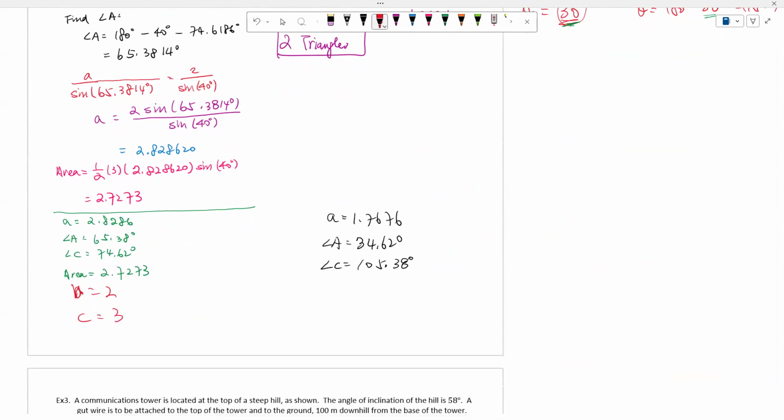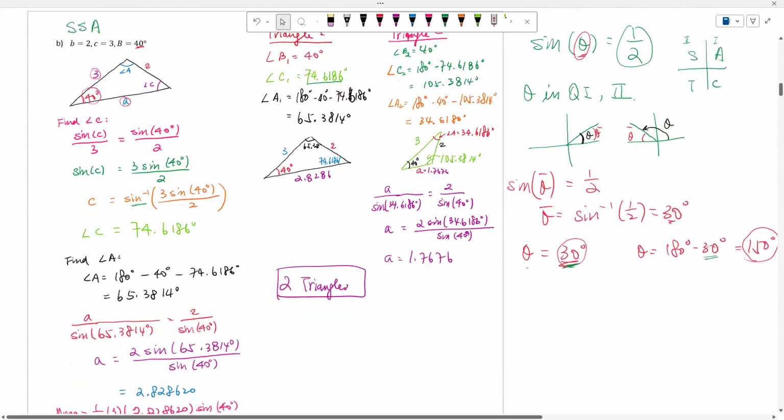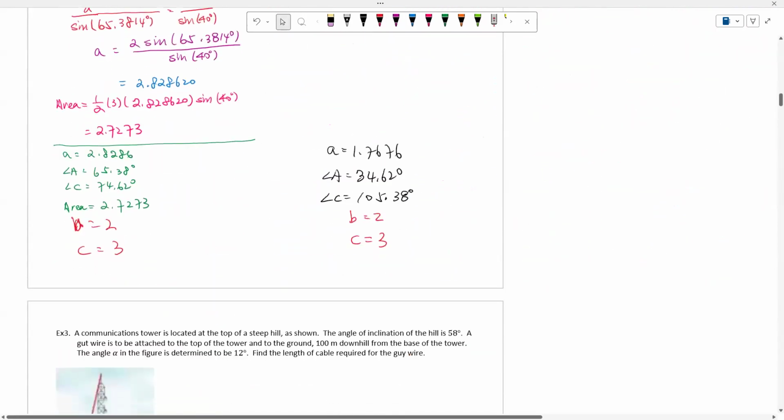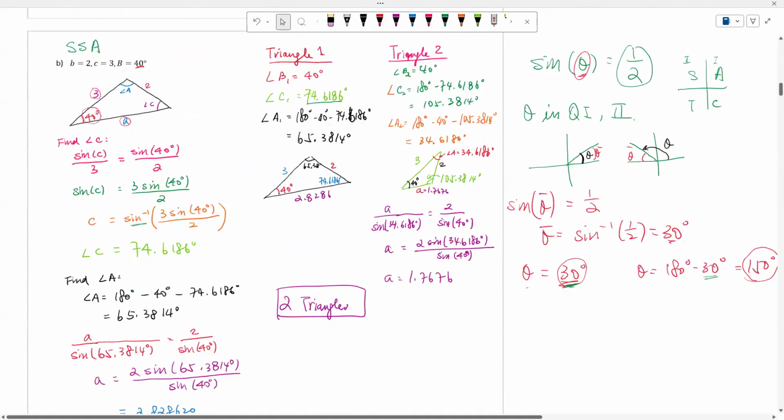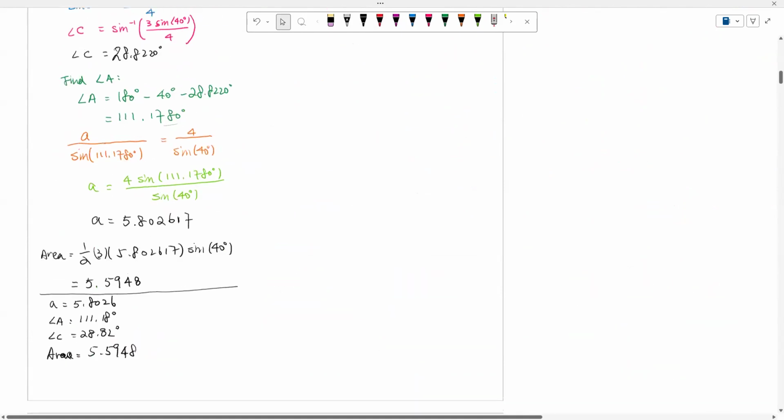Right? Okay. So of course, to this triangle right here, your area will be a difference as well.